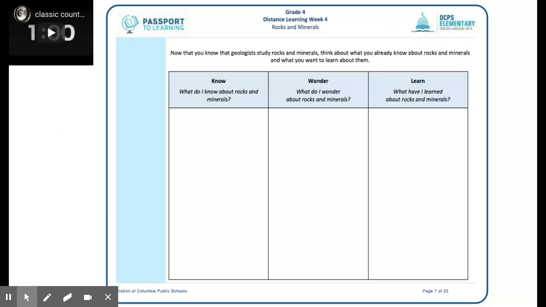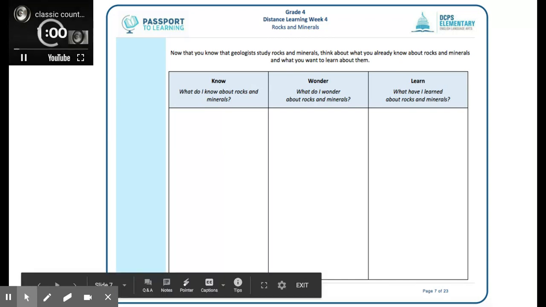Go ahead and take about 1 minute to complete the following chart. I want you to focus on the know column and the wonder column. So what are some things you already know about rocks and minerals? And then secondly, what do you wonder about rocks and minerals? Take 1 minute to complete your chart now.